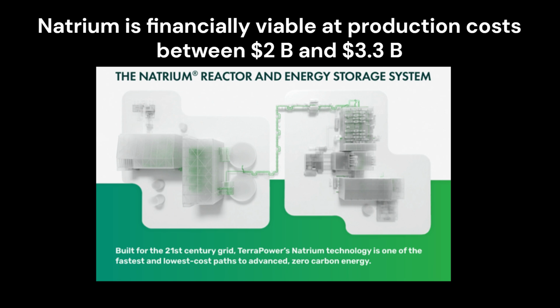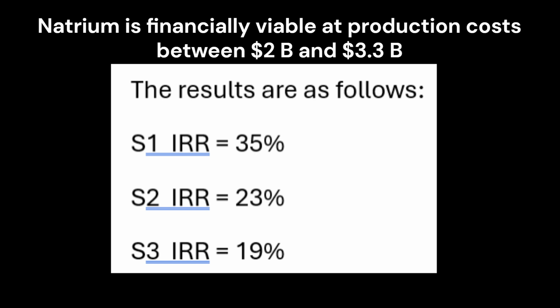S3, rate used at $60 but capital costs increasing to $3 billion. Other ratios remain constant. The results are as follows. S1 IRR equals 35%. S2 IRR equals 23%. S3 IRR equals 19%. These IRR values all represent returns sufficient to proceed with the project.